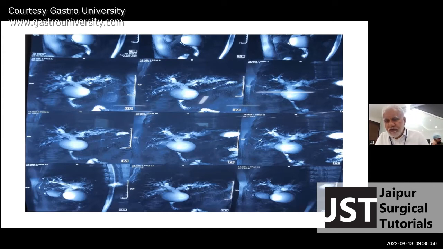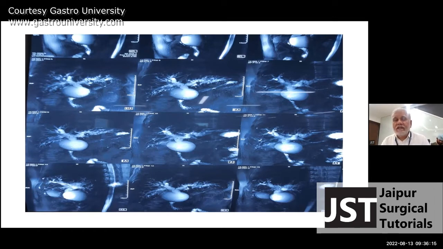So what are you trying to see at the lower end? Sir, that common channel, whether it is long or short. Anomalous pancreatico-biliary junction. Also, the important thing is that the dilatation is not extending up to the pancreatic duct part. Yes. The other way, whether the pancreatic duct is joining the cystic dilatation or the normal common bile duct.